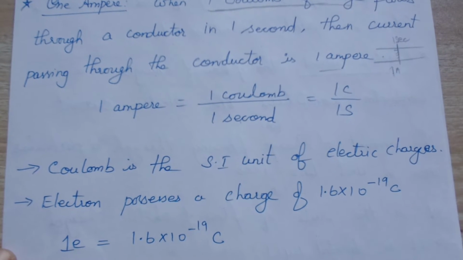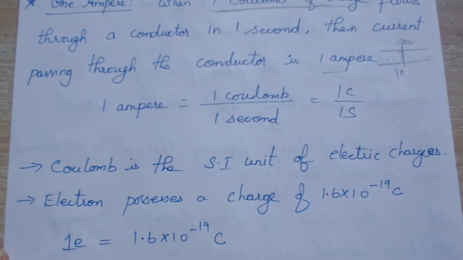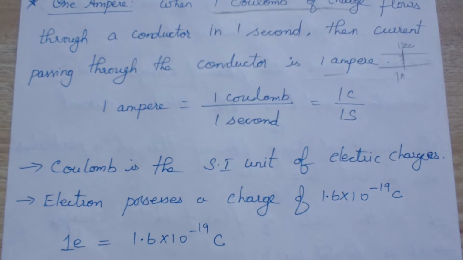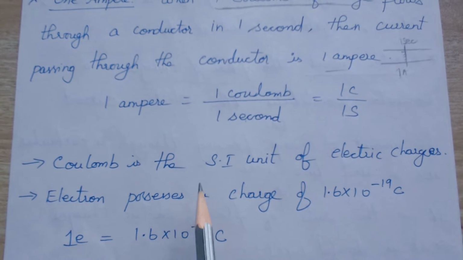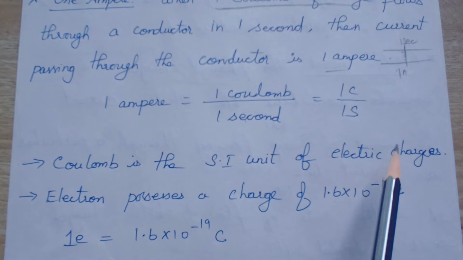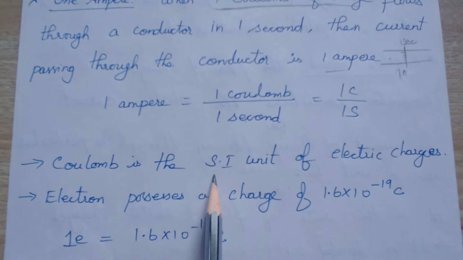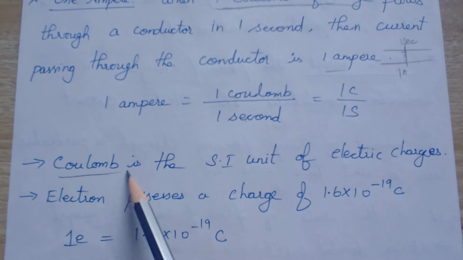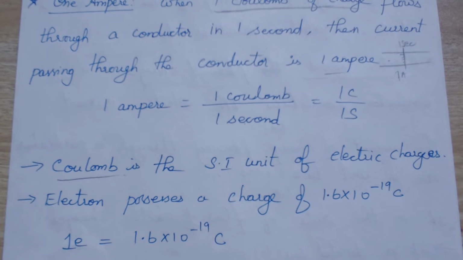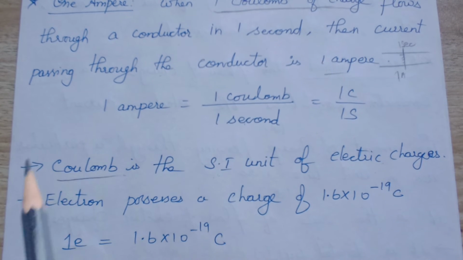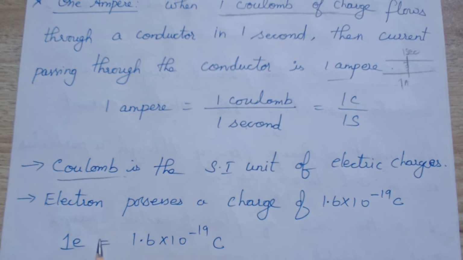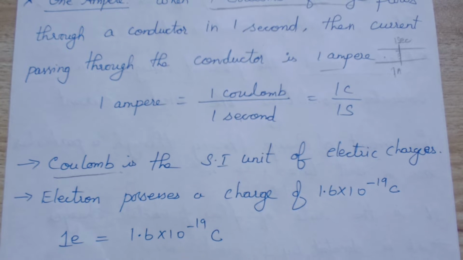For example, weight is marked with units like gram, kilogram. Likewise electric charge also has an SI unit called coulomb. So they said 1 coulomb of charge.